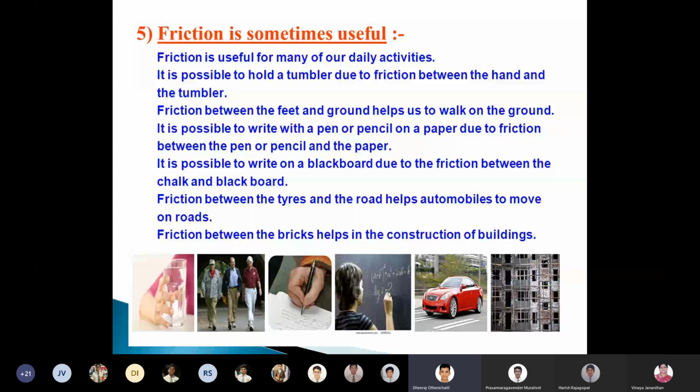It is possible to write with a pen or pencil on a paper due to friction between the pen or pencil and the paper. It is possible to write on a blackboard due to friction between the chalk and blackboard. Friction between the tires and the road helps automobiles to move on roads, and friction between the bricks helps in the construction of buildings. Good.